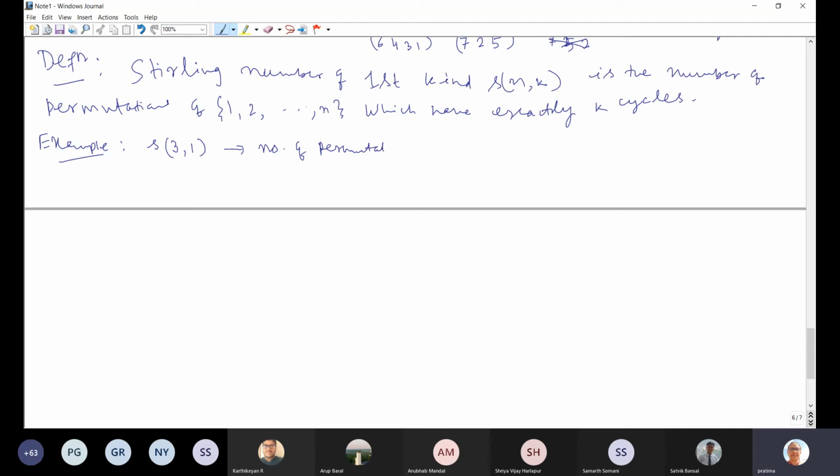According to this definition, this is the number of permutations of 1, 2, 3 which have only one cycle. Tell me how many? What will be this number then?